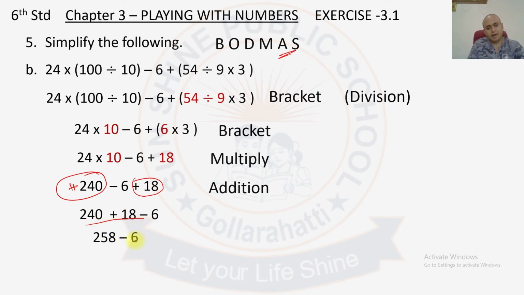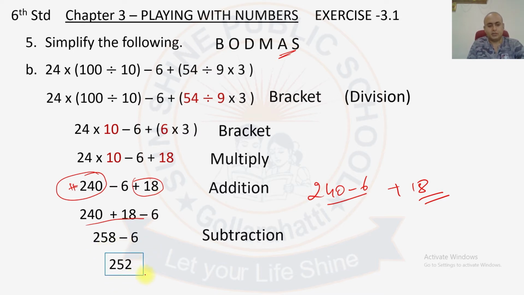Now 258 minus 6. You can also subtract 240 minus 6 and then add 18. Both answers are the same. According to the rules you add first, the two numbers with the plus sign, then at the last you subtract. That is 258 minus 6 is 252. So this is the answer.